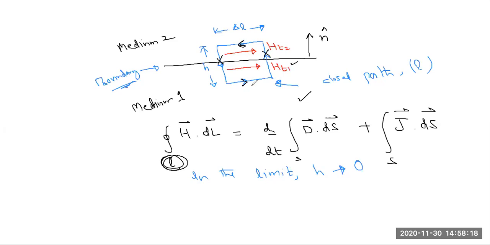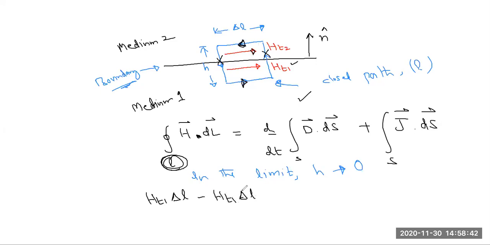So HT1 and this path are in the same direction. So what you will get is HT1 delta dot product. And because they are in the same direction, you get cos of 0, which is 1. But for this, this is HT2, and this is in the opposite direction. So you have cos of 180 degrees, so you get a minus sign.